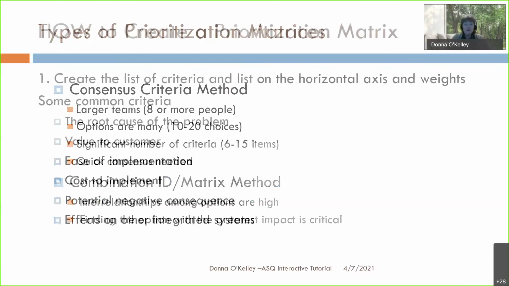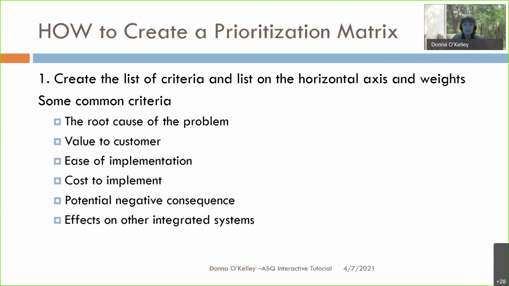So how do you do this? It's actually an L-shaped matrix. We usually use this in the improve phase when we're trying to find solutions. So we're trying to select the best solution to the root cause.